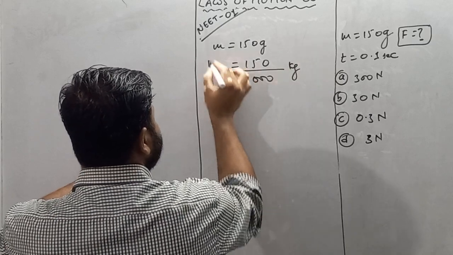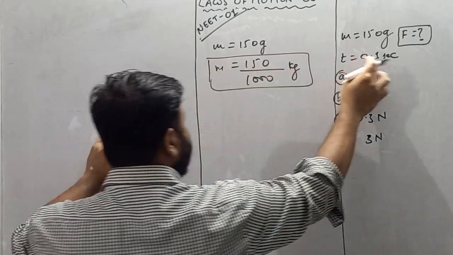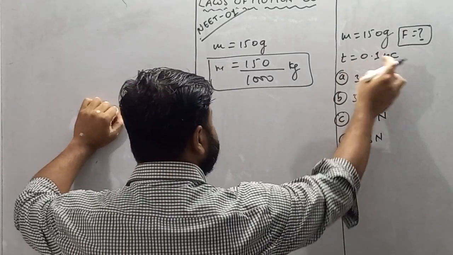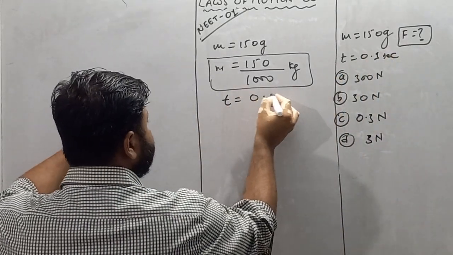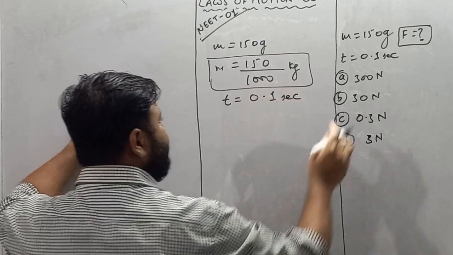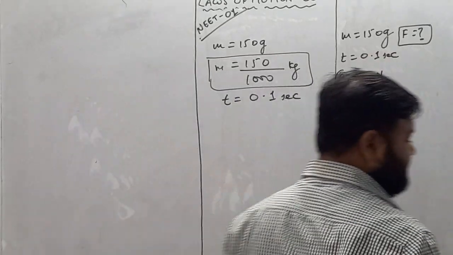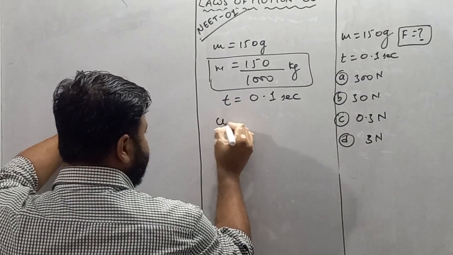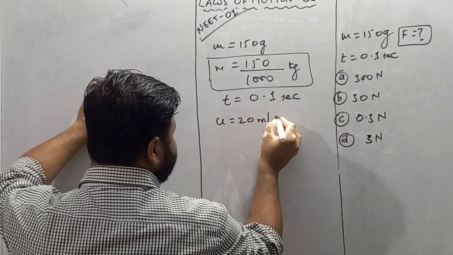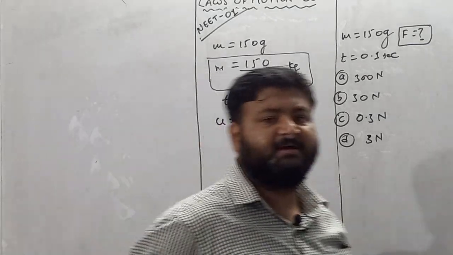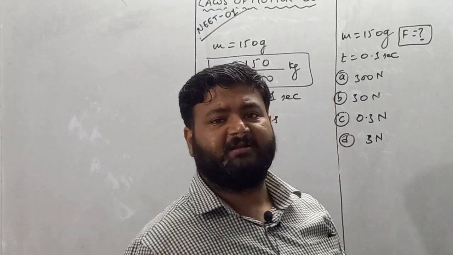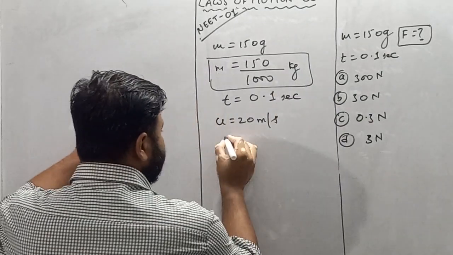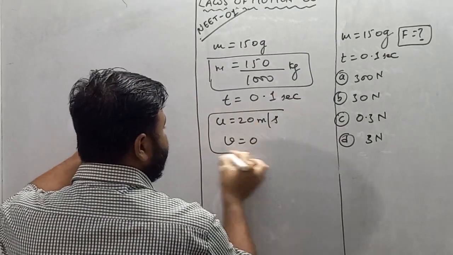And the time which he'll take is 0.1 second, and its velocity is also there, moving with speed 20 meter per second. So initial velocity is 20 meter per second. After catching the ball, we know that final velocity becomes 0 because the ball comes to rest.